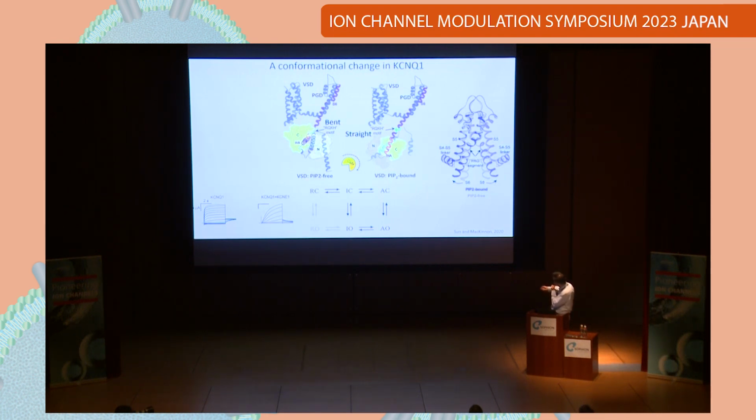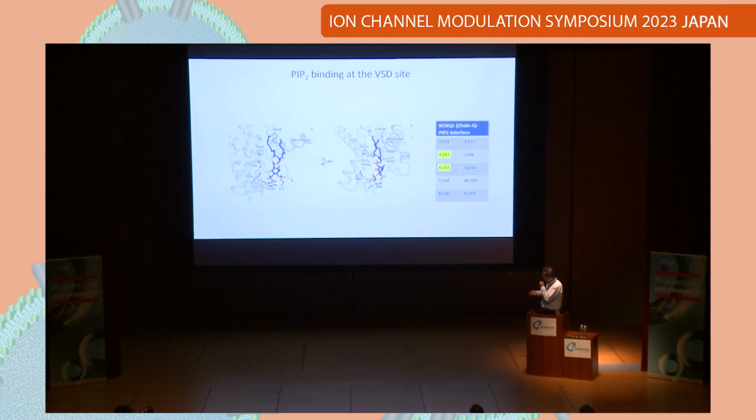So from these studies, we had this conclusion or suggestion that the interaction of the calmodulin with the voltage sensor domain is important for the transition between the IO and the AO state.